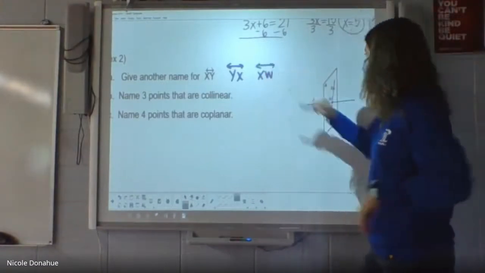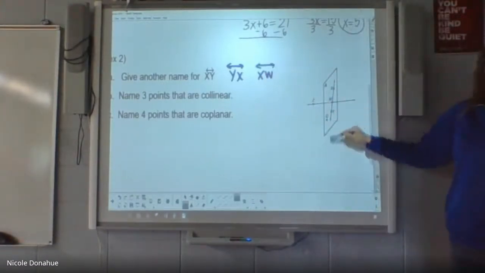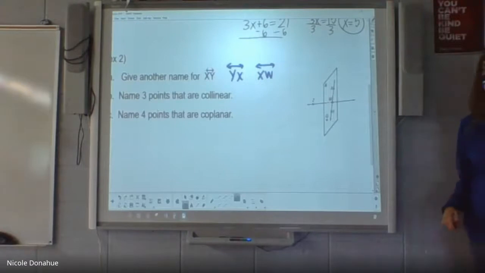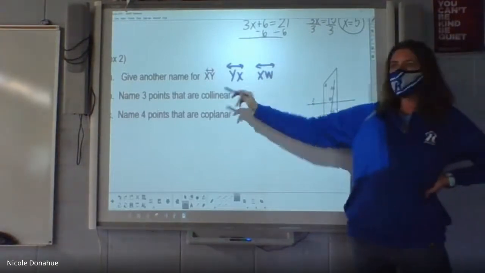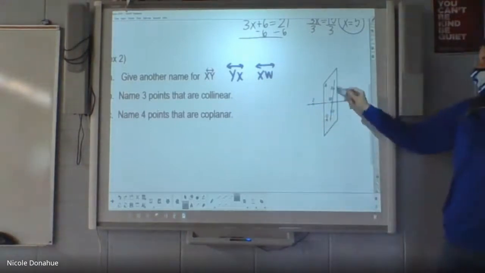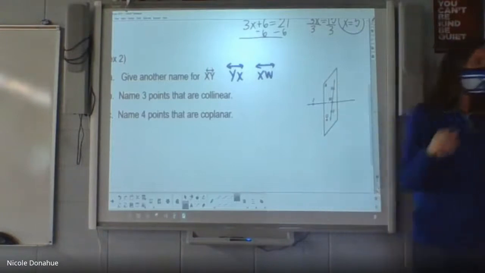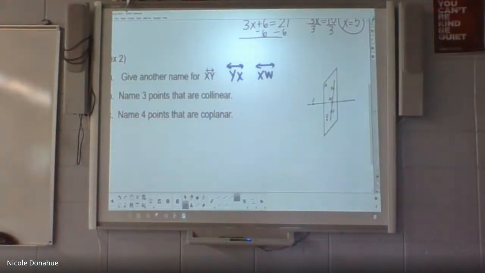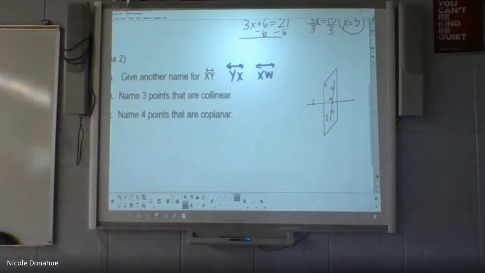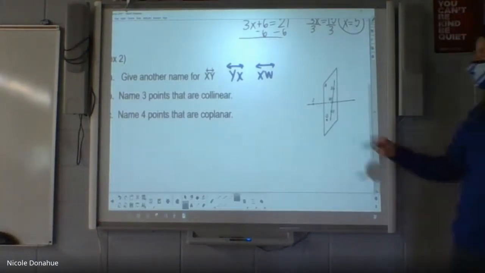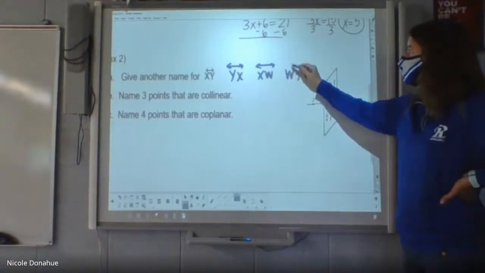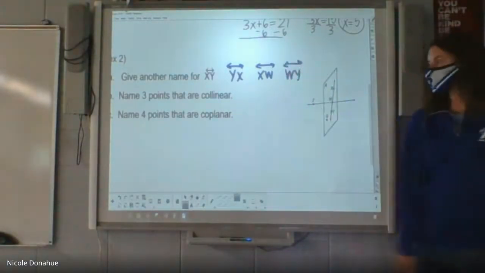Because it's a line, if I go through W, it's automatically going to keep going through Y. So these names are all okay. You can keep going through that same line and it's still that same line. So XW is also acceptable. And so would WY be okay? And then obviously the flipped versions of all those.